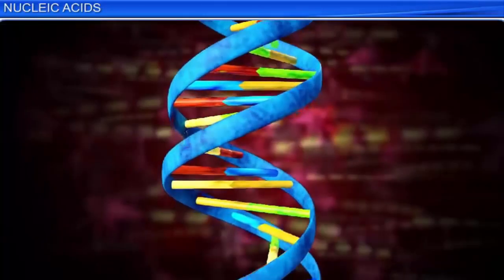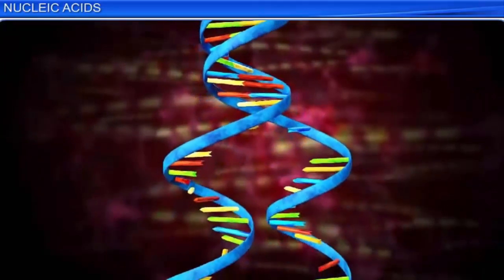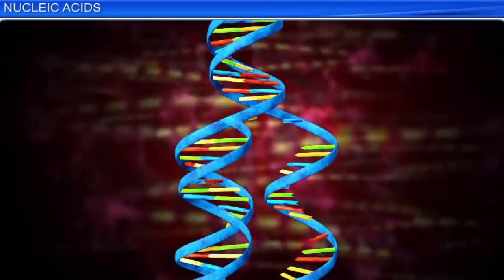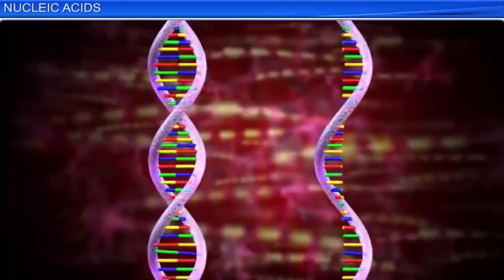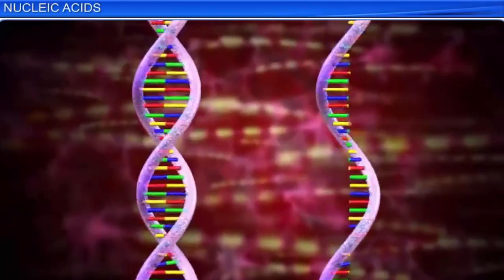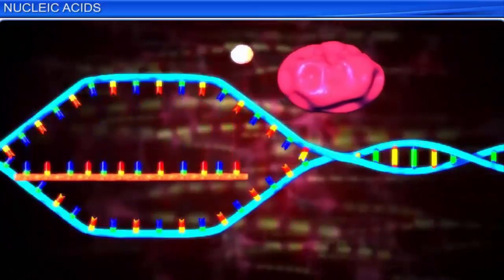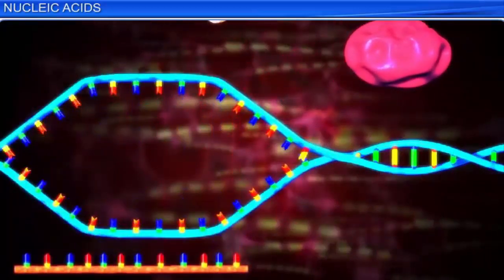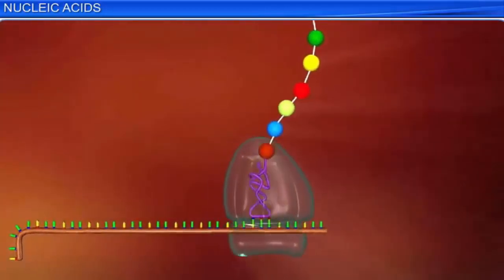DNA copies itself or self-replicates during cell division, so that identical copies of the genetic code are transferred to the daughter cells. Nucleic acids are vital for protein synthesis. DNA stores the code for the amino acid sequence, while RNA molecules link the amino acids together.